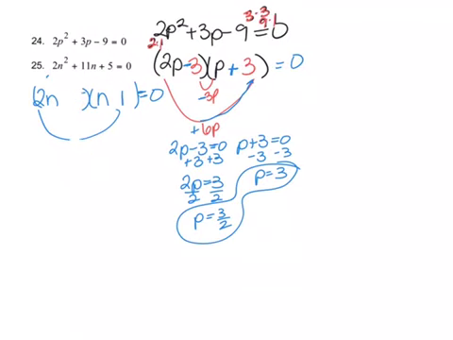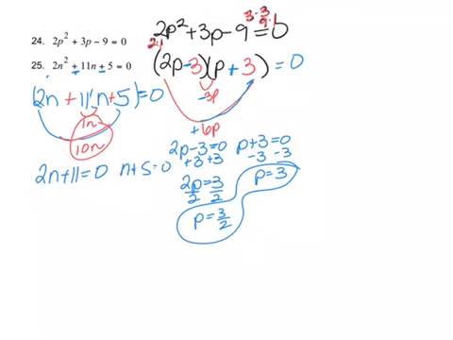So let's switch them. 1 and 5. That makes my outside 10n and my inside 1n. So that can give me 11, and they're both positive, so everything has to be positive. So 2n plus 11 equals 0, and n plus 5 equals 0.